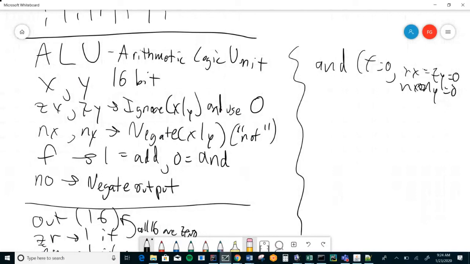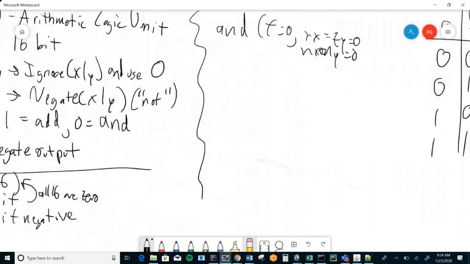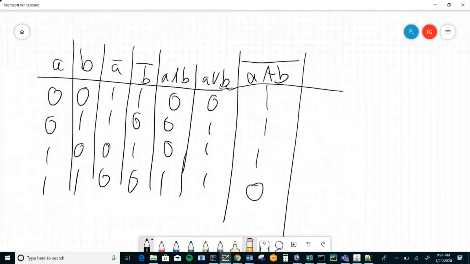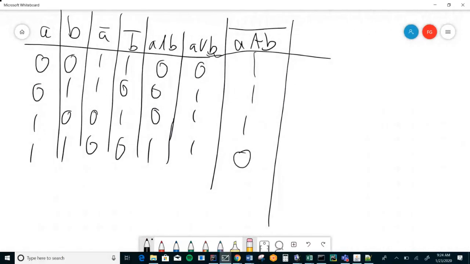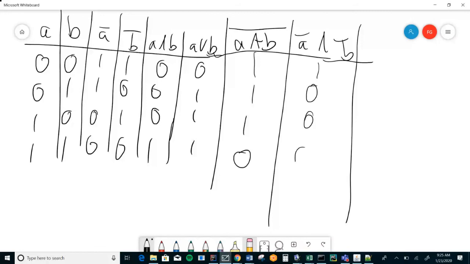My other resource is that I can negate the inputs. That creates some interesting possibilities. Consider this: what if I have not A and not B? That gives me a 1 here and then zeros all the way down.